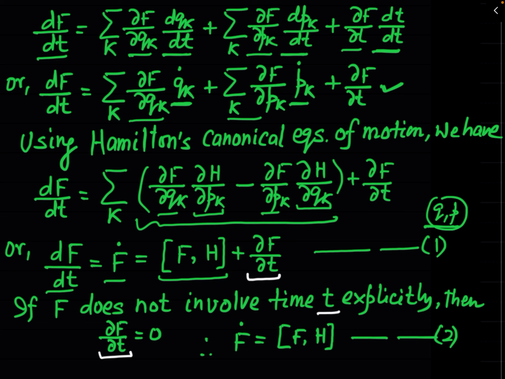And if del f by del t is 0, then f dot will be simply equal to the Poisson bracket of f and h.